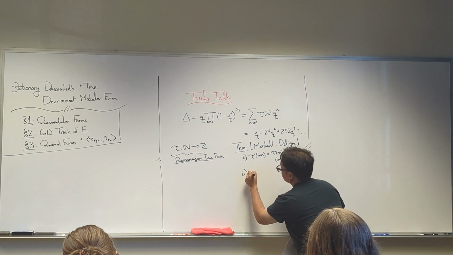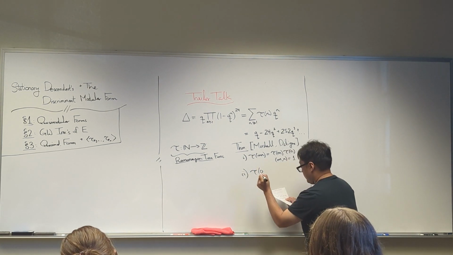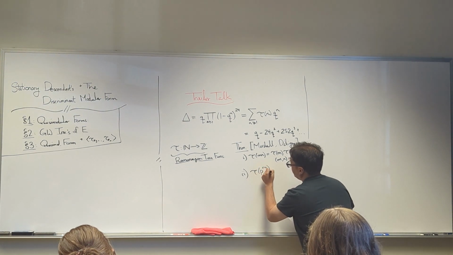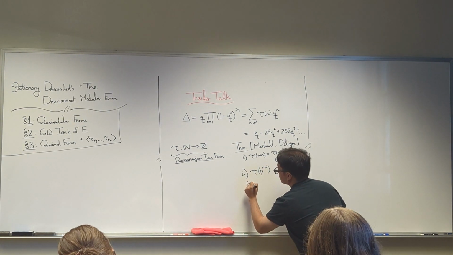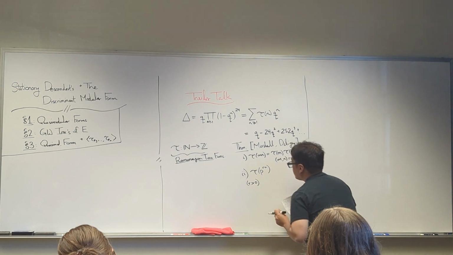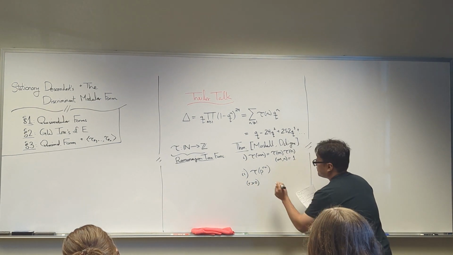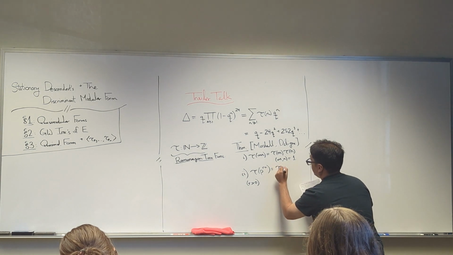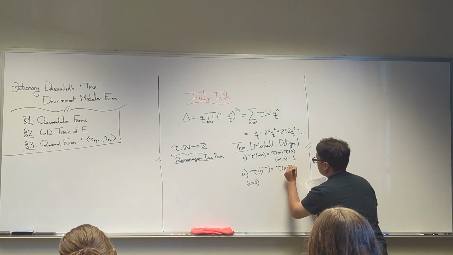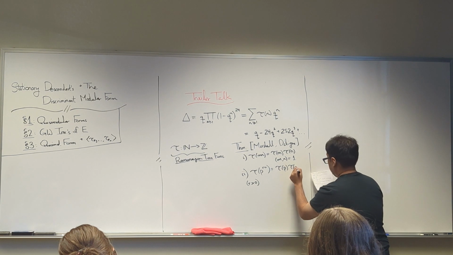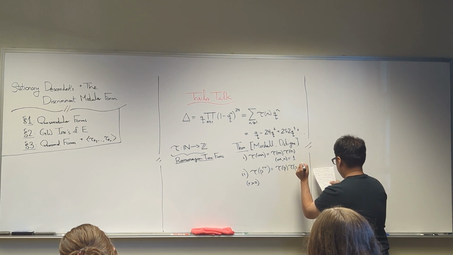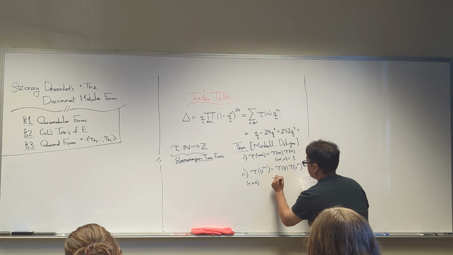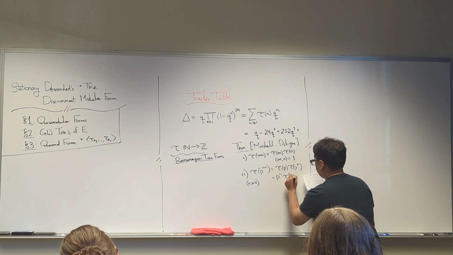Another property is that if you plug in a power of a prime, say p to the r, there's a nice expression: tau of p to the r plus 1 equals tau of p times tau of p to the r, minus p to the 11 tau of p to the r minus 1.